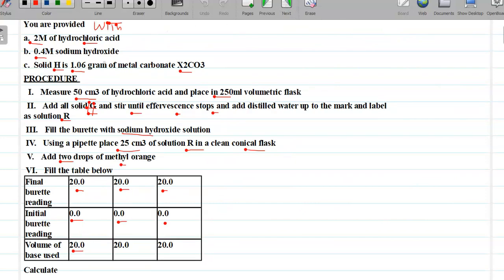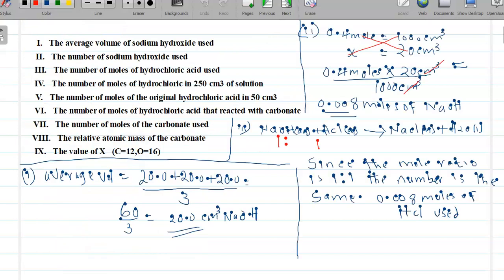Yes, this is where I am. So this is our question. Now calculate the average volume of sodium hydroxide used.